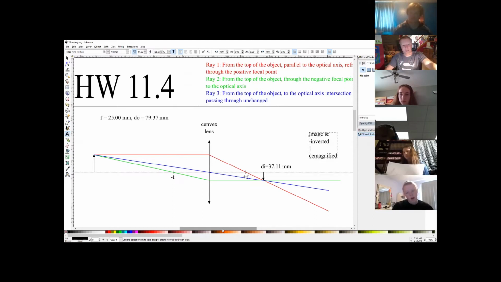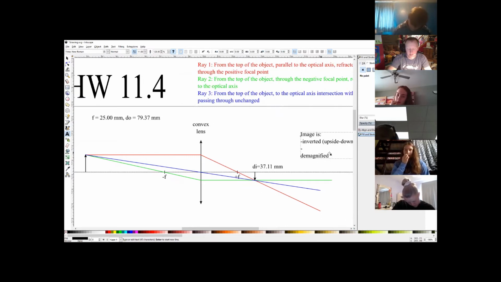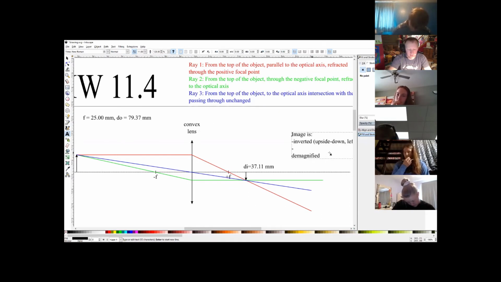So since it flipped from top to bottom, it would also flip from left to right. So let's say that it's inverted, so upside down and left to right.